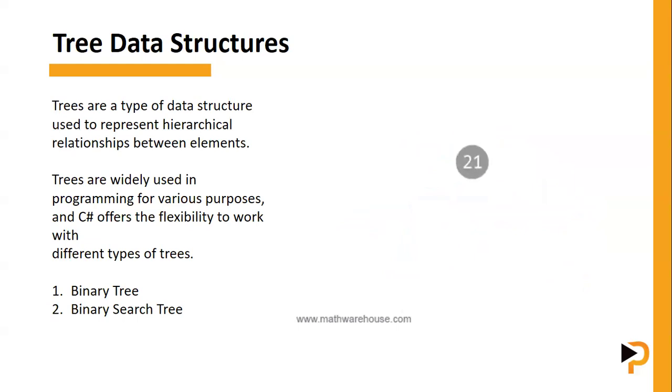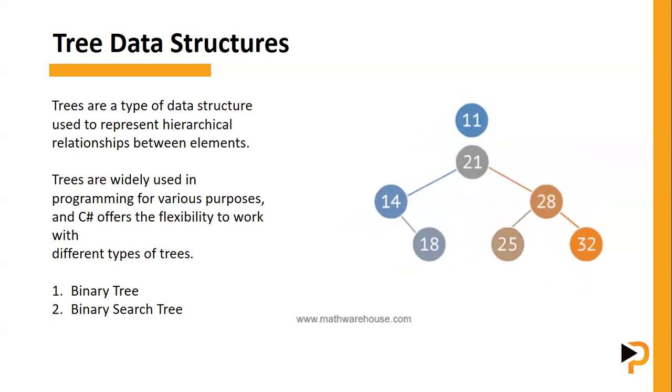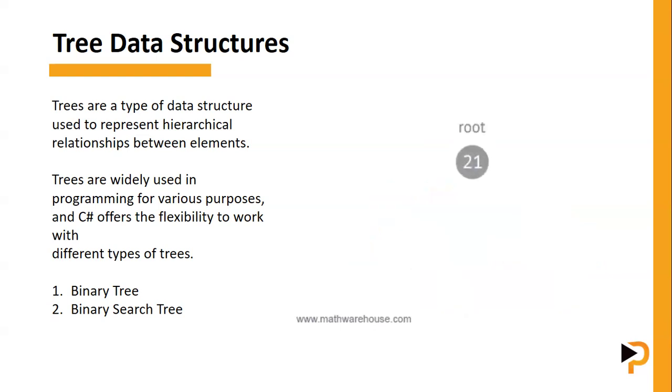We have to search only the right, because 25 is greater than 21. So the data set will get halved and the searching will be faster. So if you have a huge amount of data and you are frequently searching and fetching, then obviously these advanced data structures are really useful.